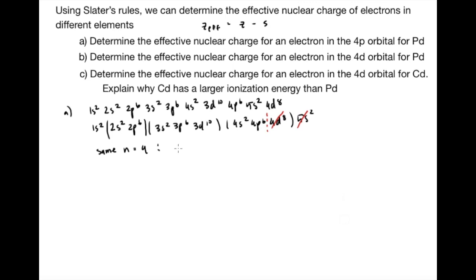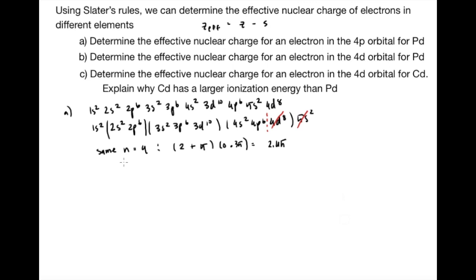And so since we're working with a specific electron in 4p, that means the 5 other electrons will contribute to the shielding constant. And so we have 2 from the s orbital and 5 from the p orbital. We multiply this by 0.35, and if we plug this into our calculator, we end up with a value of 2.45.